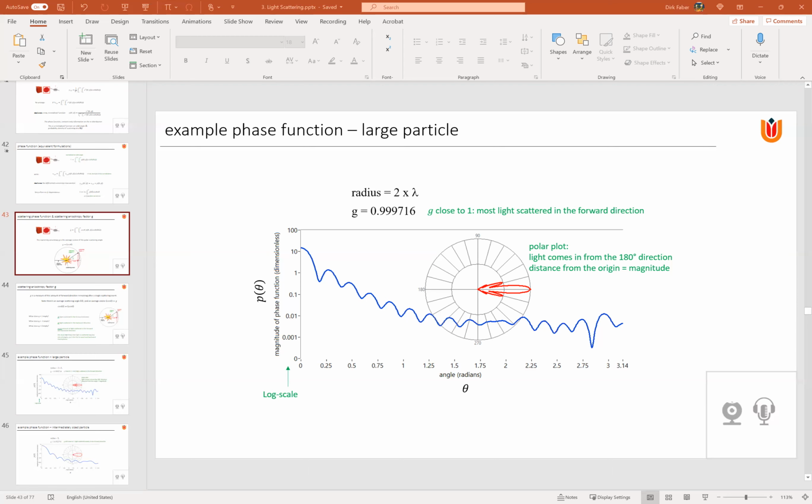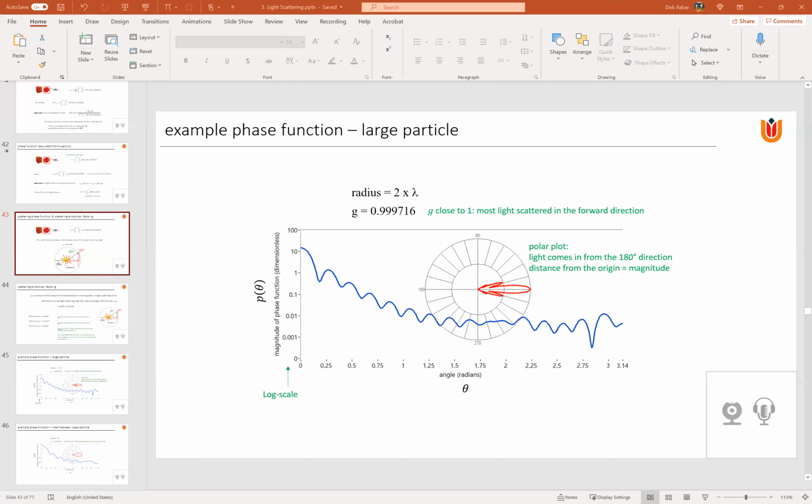Here you can see a particle where the radius is two times the wavelength. So the particle is much larger than the wavelength, and that results in light that is scattered predominantly in the forward direction. You can see that in the blue plot, if you interpret the log scale correctly, because most of the light is around small angles theta.